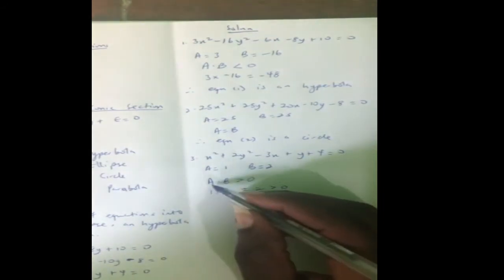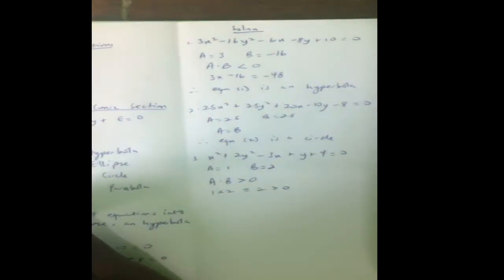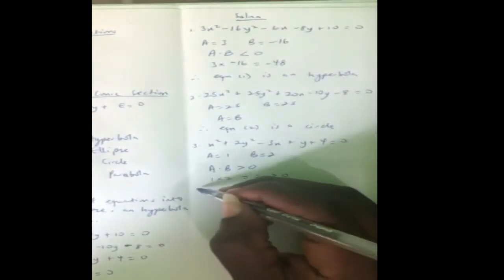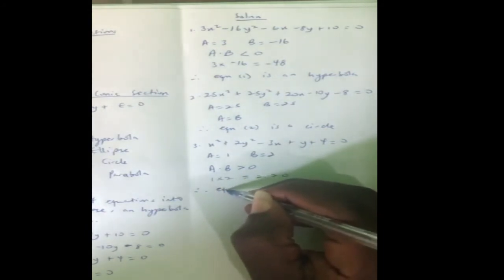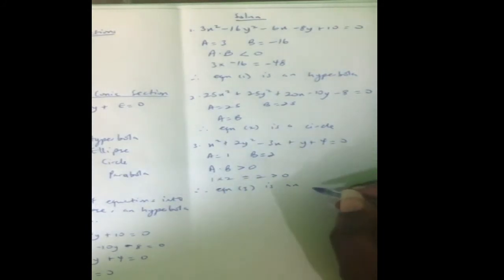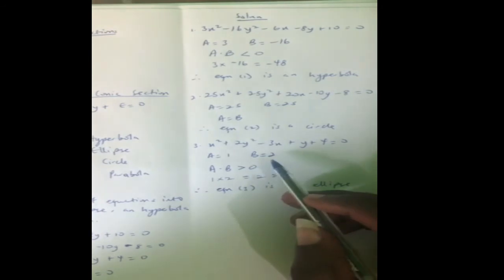Okay, so we said if our answer is greater than 0, then we call it an ellipse. If a times b is greater than 0, then that equation is an ellipse. So therefore, equation 3 is an ellipse, because if you multiply the coefficients, we get greater than 0.